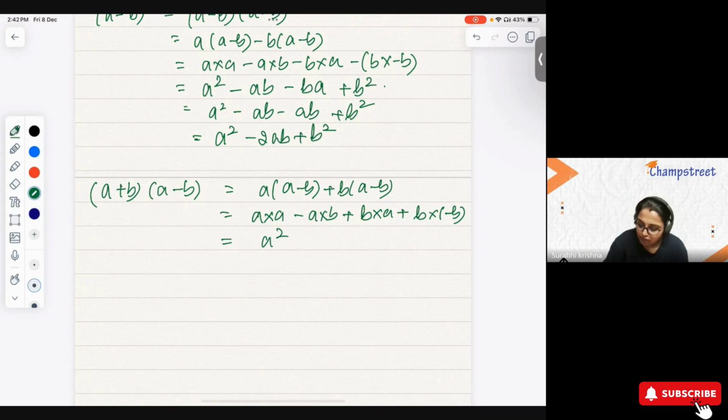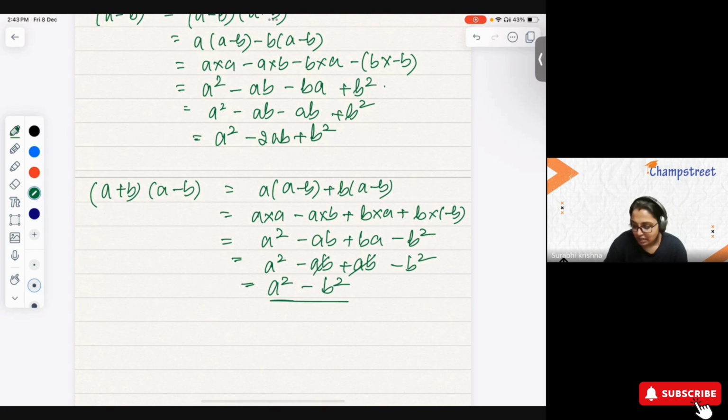So I have a square minus ab plus ba minus b square. So a square minus ab plus ab minus b square. This and this get cancelled. What is left? a square minus b square. I hope this class was informative.